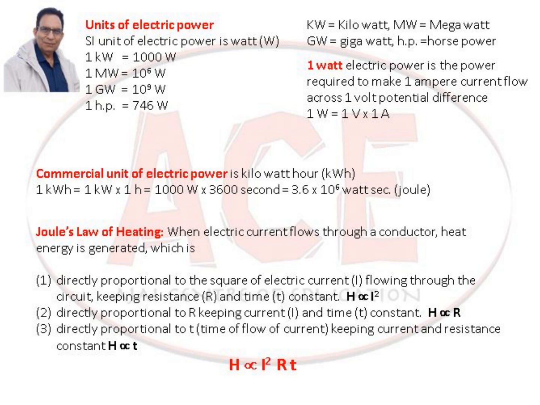Number 2, directly proportional to R, that is resistance, keeping current I and time T constant, means H is directly proportional to R. Number 3, directly proportional to time of flow of current, keeping current and resistance constant, that is H is directly proportional to T. Combining all the three, H is directly proportional to I square RT.